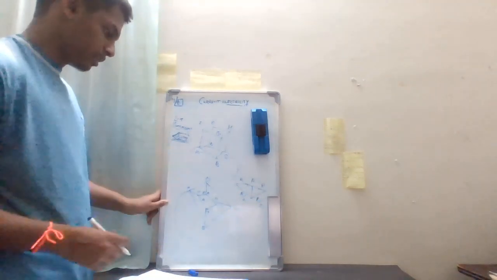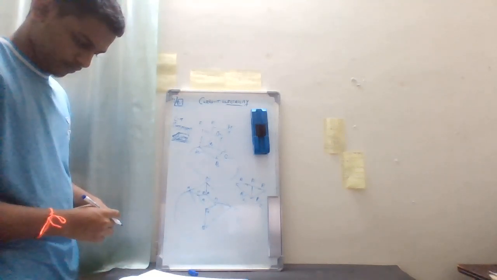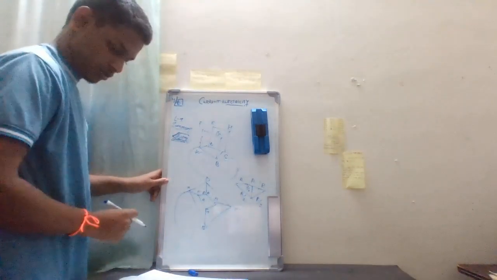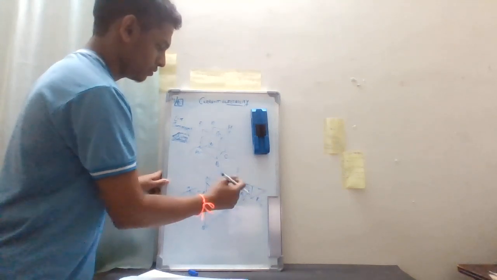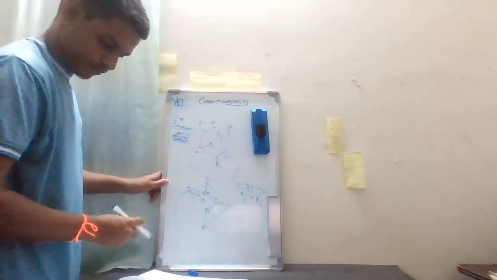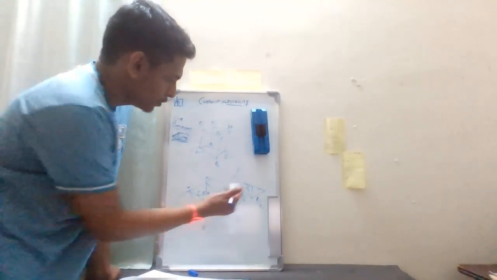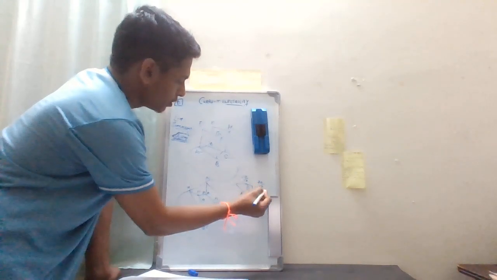Now this is 3R, I guess. Nope, I'm very wrong. This is R by 2. This would be 3R by 2 and 3R by 2. Yes, R and R by 2 would be 3R by 2 and 3R by 2.